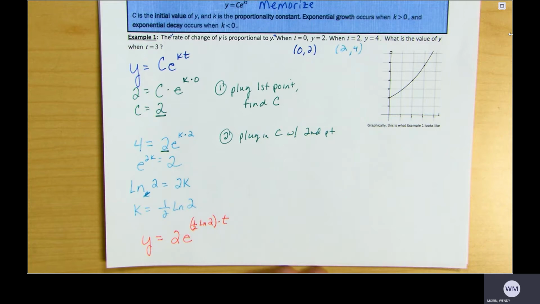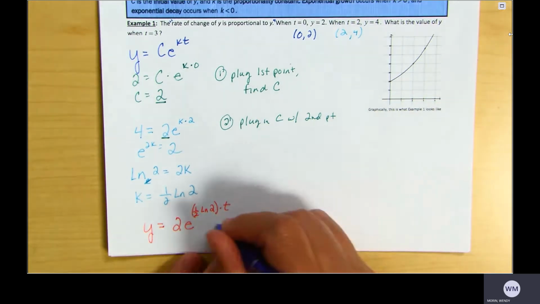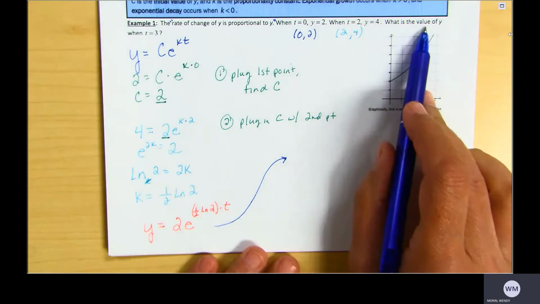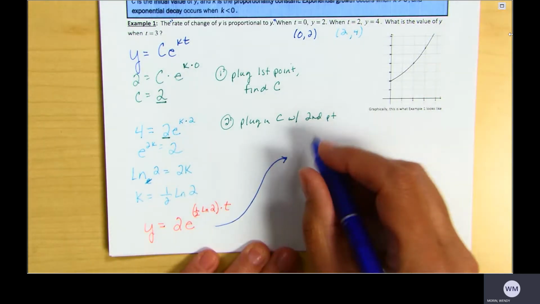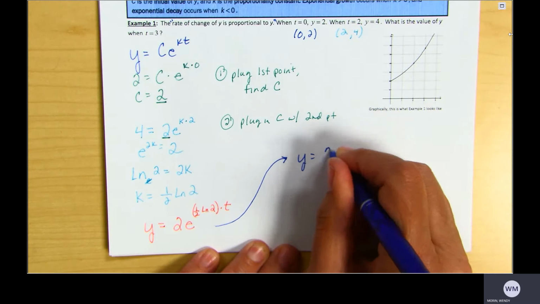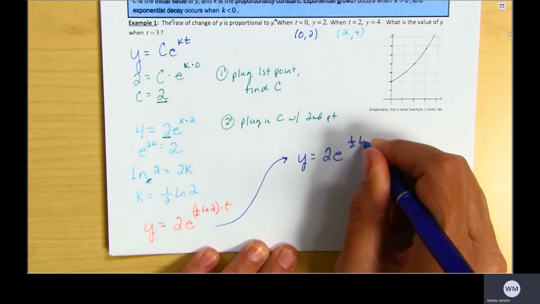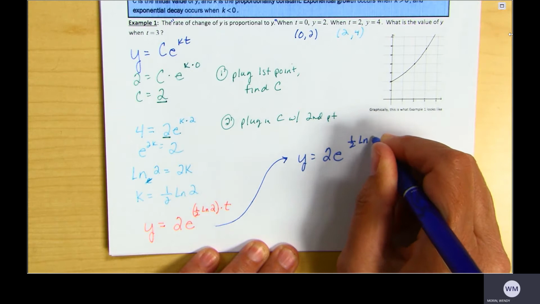So then our last step is going to be to actually find the value of y when t is equal to 3. So y is equal to 2 times e to the 1/2 times the ln of 2, right?